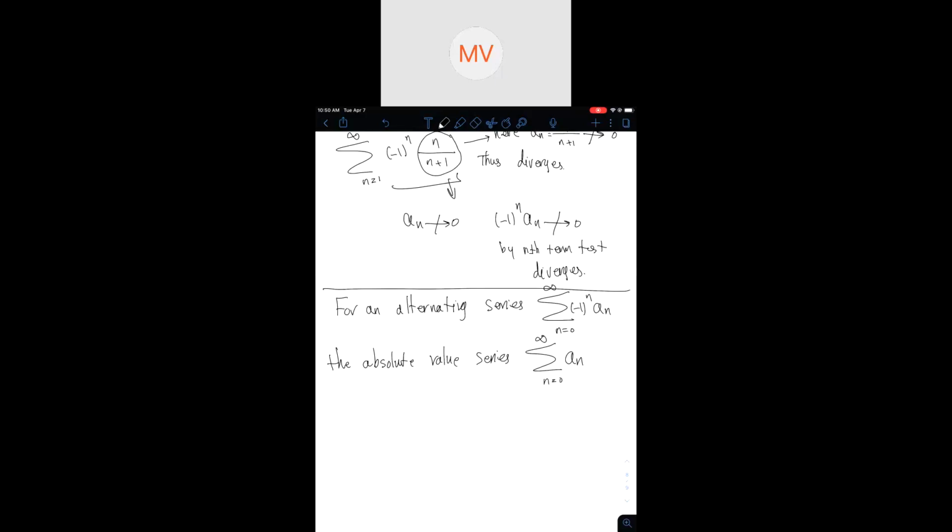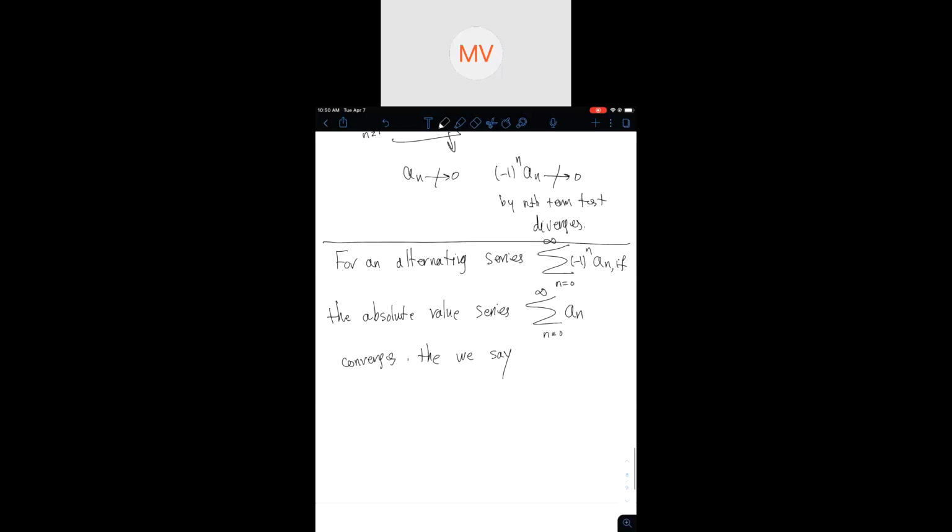I'll have to say if, for an alternating series, if the absolute value series, this one, converges, then we say the sum of -1 to the n, the original one, converges absolutely.